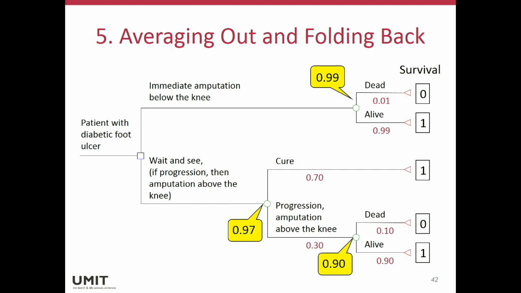I will actually do it one more time, because I want to explain why we call it averaging out and folding back. So I go back and do the second branch again. The first thing is we start at the right, at the leaves of the tree, and we say here are 2 little branches, and now we would like to average those out and replace the 2 by one number.